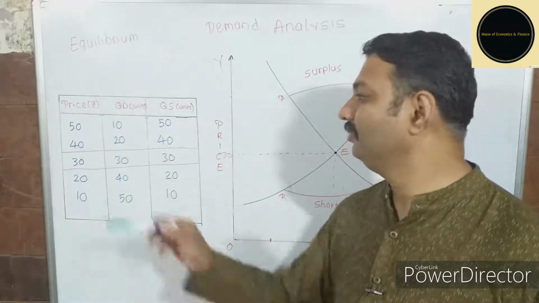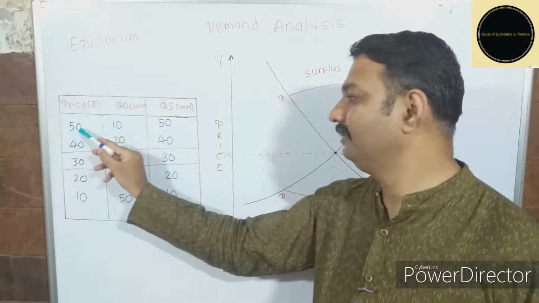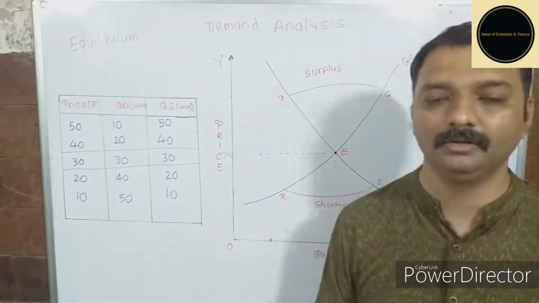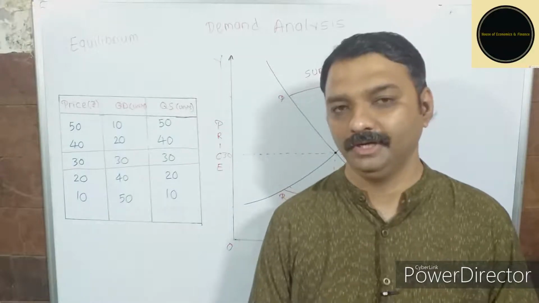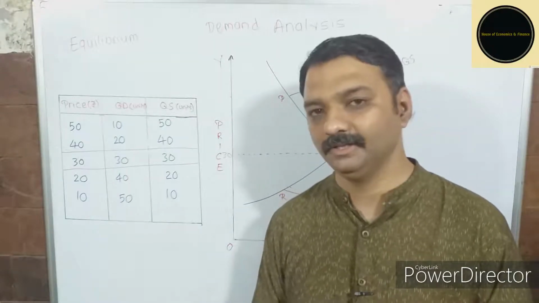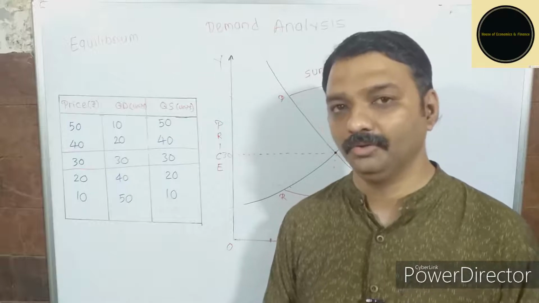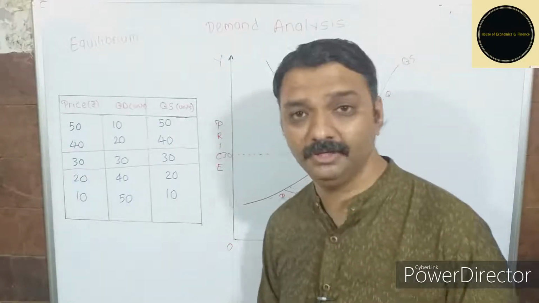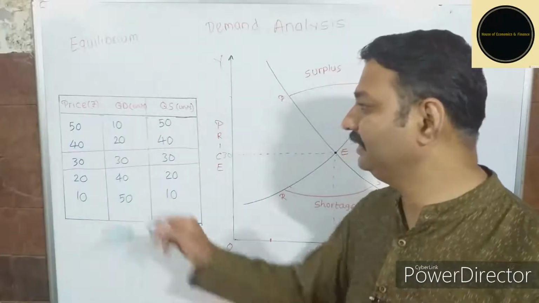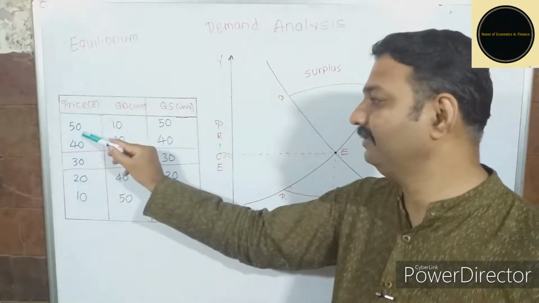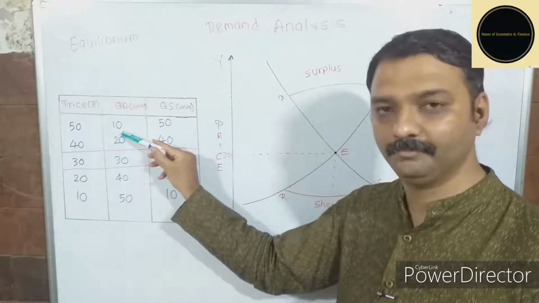We know that according to the law of demand, if the price of a particular commodity decreases, the quantity demanded will increase. If you look at the corresponding demand schedule, when price is 50, the quantity demanded is 10.